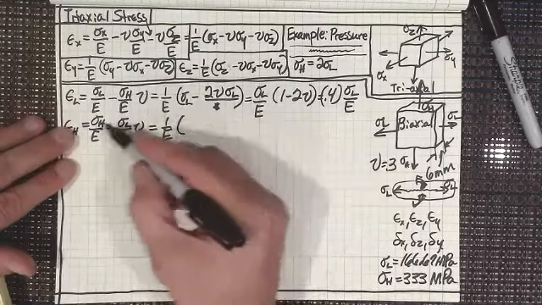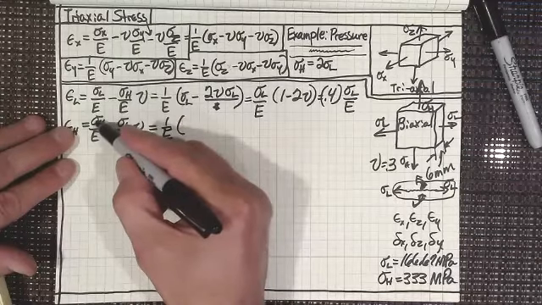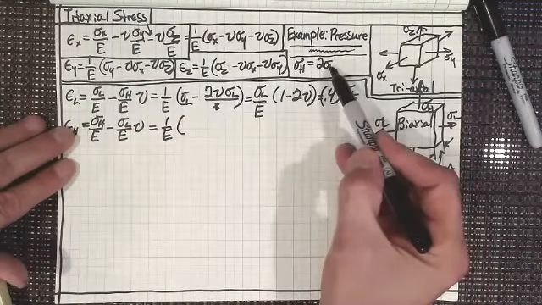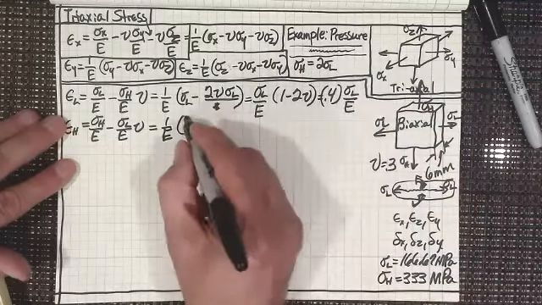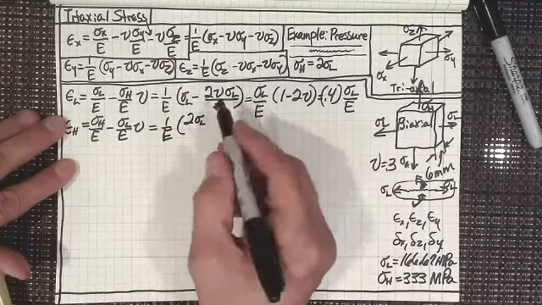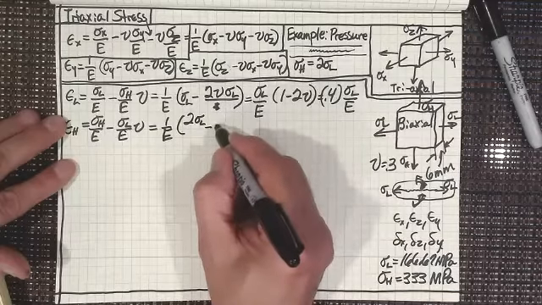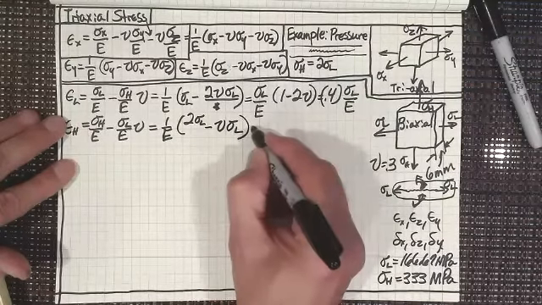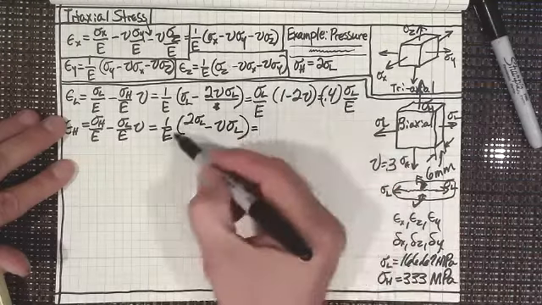And then if I substitute in for sigma sub H, now we know sigma sub H equals 2 sigma sub L. So I've got 2 times sigma sub L minus Poisson's ratio times sigma sub L. Now I can take sigma sub L out of there.